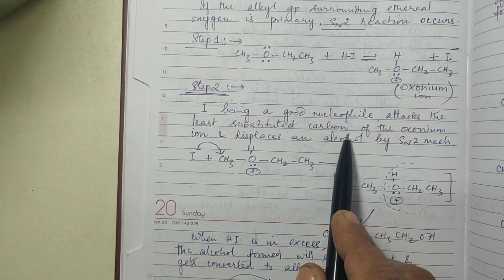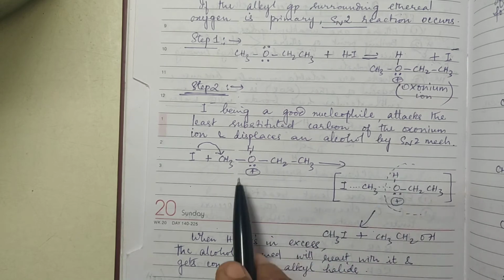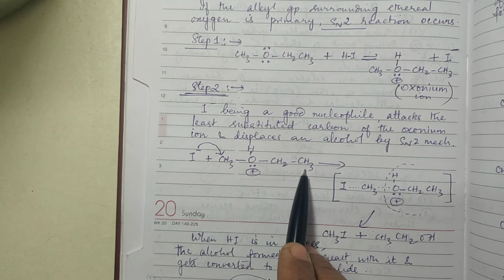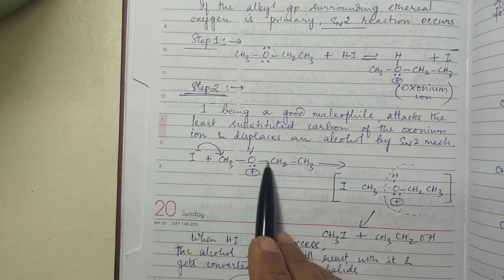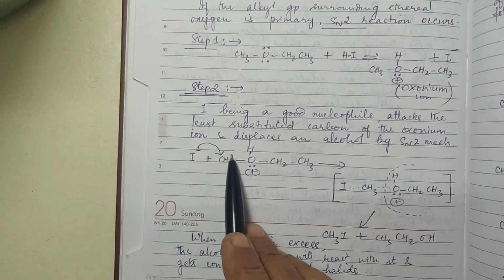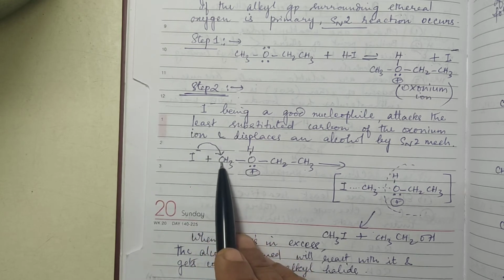Least substituted carbon, what does it mean? That is the simplest alkyl group. Now out of the two R groups in this particular compound that we have taken, this is a 2 carbon alkyl group, this is a 1 carbon alkyl group. So this is the least substituted carbon. So this I minus will attack this carbon.